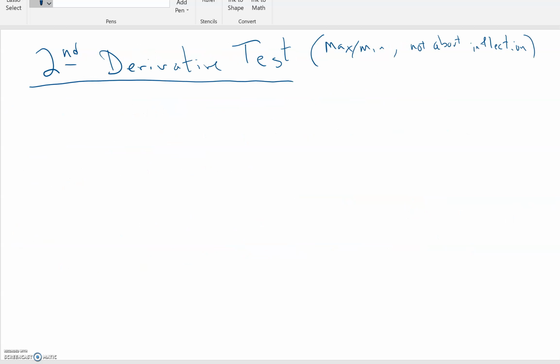Okay, so let's talk about the second derivative test. As you see here, this is about maximums and minimums, not about inflection points. So we've got some conditions. Let's say we have a function f.